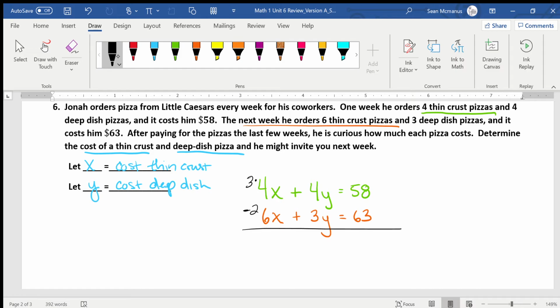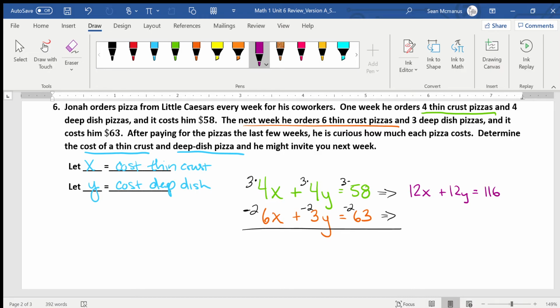So what I do to one term in an equation, I've got to do to all of them. So if I multiply this first term, 4x, by 3, I've got to multiply all of these by 3 and all of these by negative 2. And if I move these over, I get 12x plus 12y equals 116.